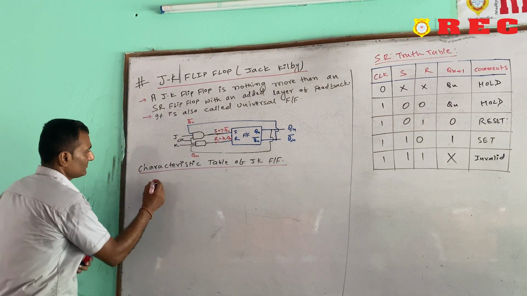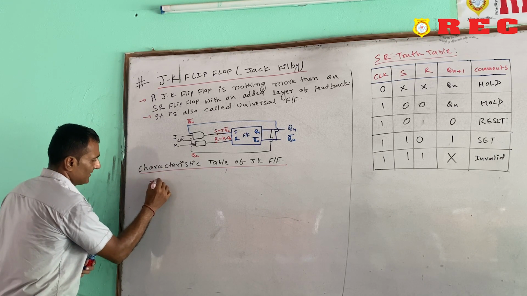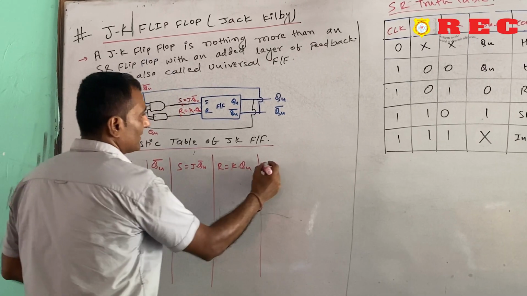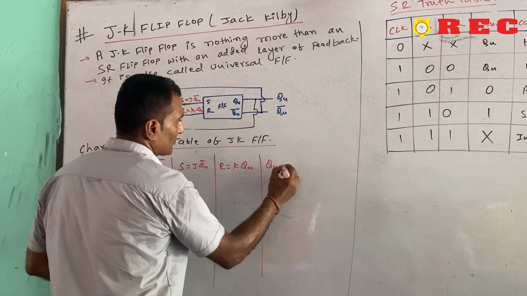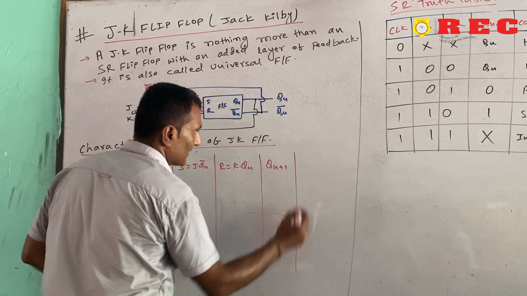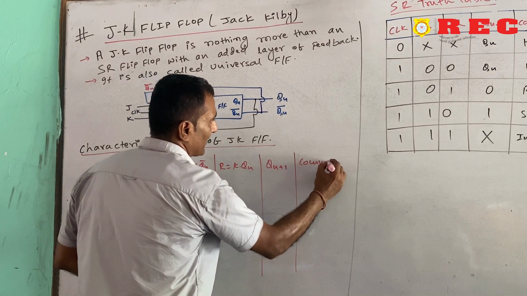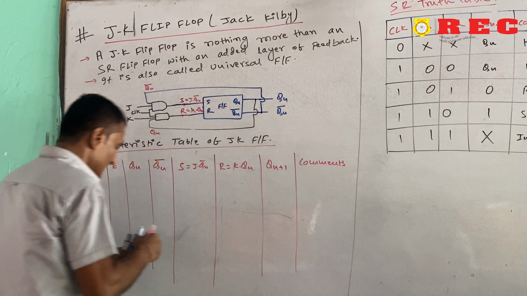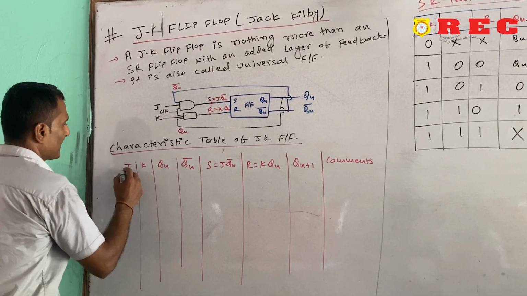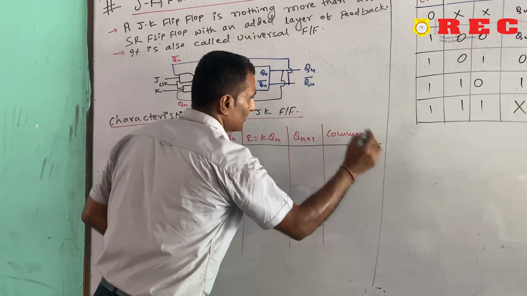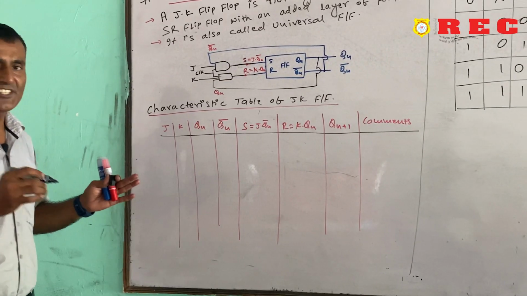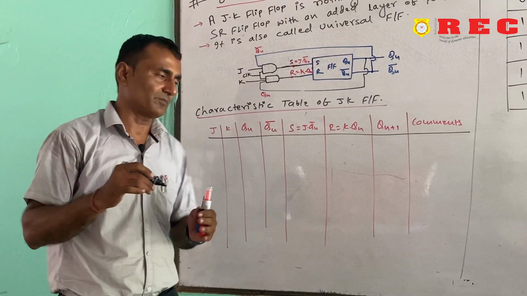Firstly, our inputs are J and K, and the next state, which will be the output, is Qn plus 1. You can also see the comments. This is the characteristic table of the JK flip flop. We have to learn it very carefully, and from this table we will generate the truth table of the JK flip flop.